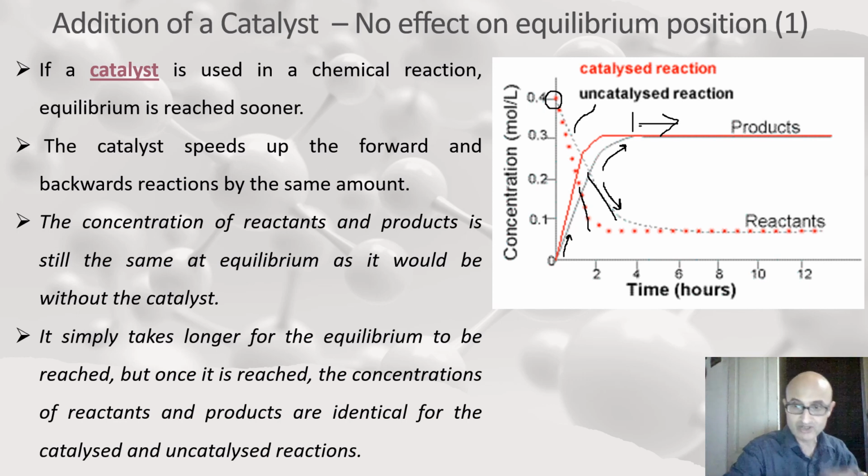Now, what we're mostly interested in is the red plots. Without scribbling any further on that graph, because otherwise it will get too confusing, I want you to take particular note of the solid red line, which represents the rise in the products for the catalyzed reaction, and compare it to the dotted red line, which represents the drop in the concentration of reactants for also the catalyzed reaction.